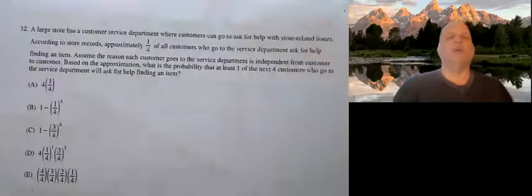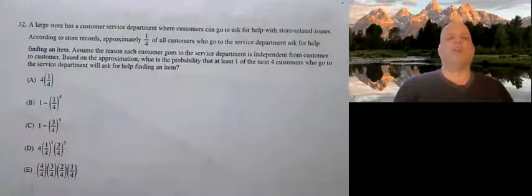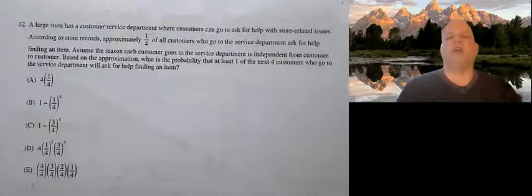Number 32. A large store has a customer service department where customers can go to ask for help with store-related issues. According to the store records, approximately 1/4 of all customers go to the service department for help finding an item. Assume the reason each customer goes to the service department is independent from customer to customer.